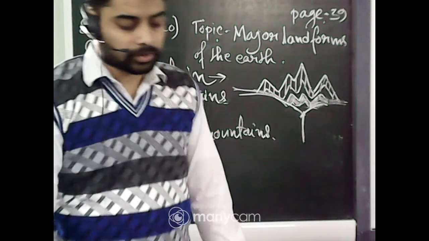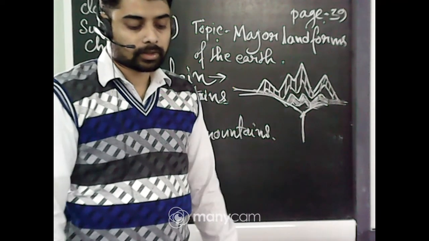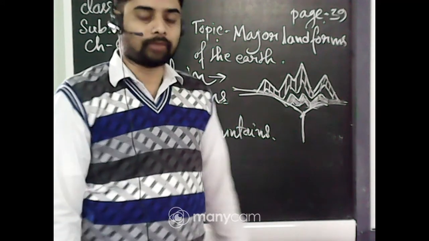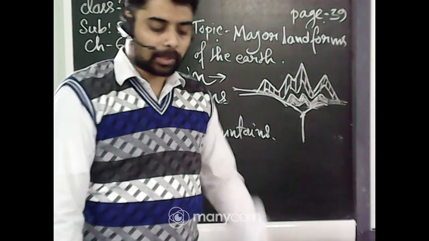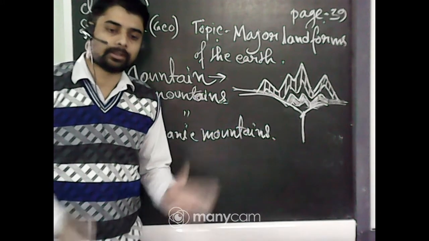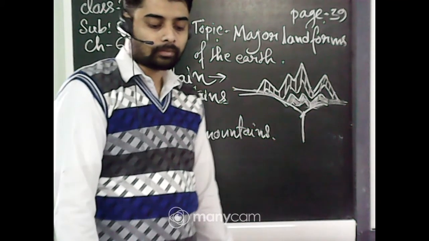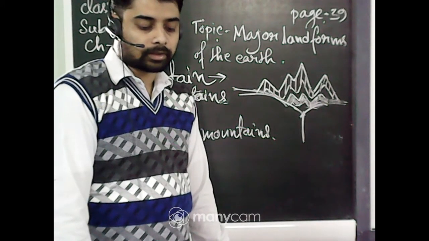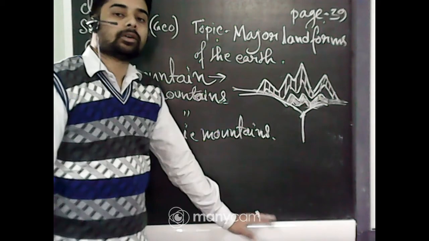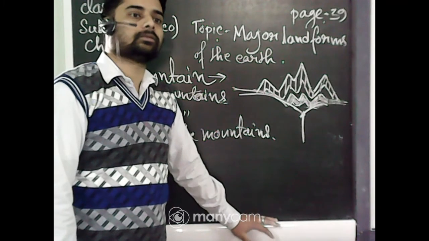The Aravalli range in India is one of the oldest fold mountains in the world, and the range has considerably worn down due to the process of erosion. The Appalachian in North America and the Ural mountain range in Russia are also examples of old fold mountains, and they are very old. That is why these old fold mountains are also called erosional mountains, because they eroded for many years.